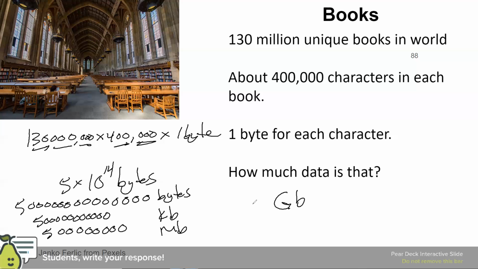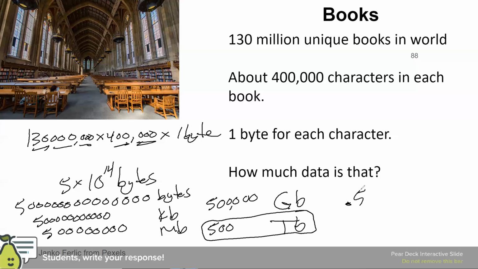So it's another 1,000 for that. Now let's turn on the terabytes. So that's 500 terabytes. And that would be 0.5 petabytes of data.